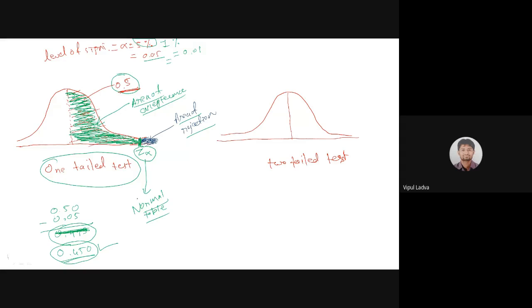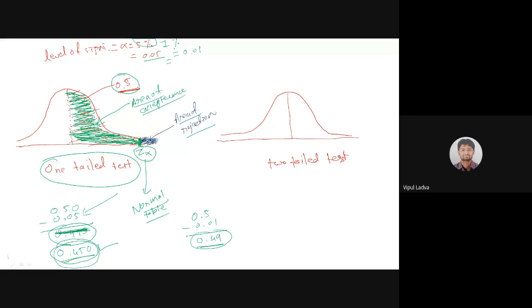So कल हमने जो किया था, that is I'm gonna subtract 1% from 0.5, that will be 0.01, and that will give us 0.49. So yesterday we were looking for this particular value where the 0.49 is there in the normal table. Now, if you are interested to identify the critical value for the 5% level of significance, then we will be looking for where the 0.45 gonna stand on the normal table.